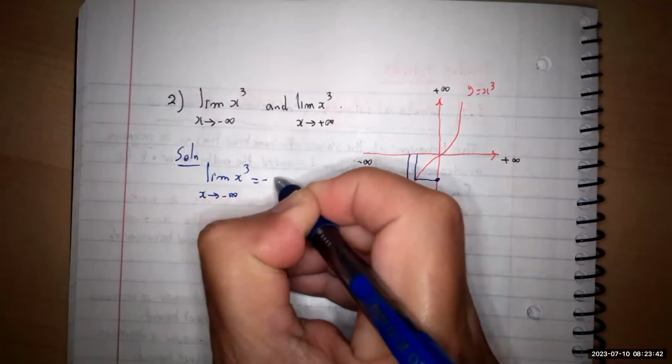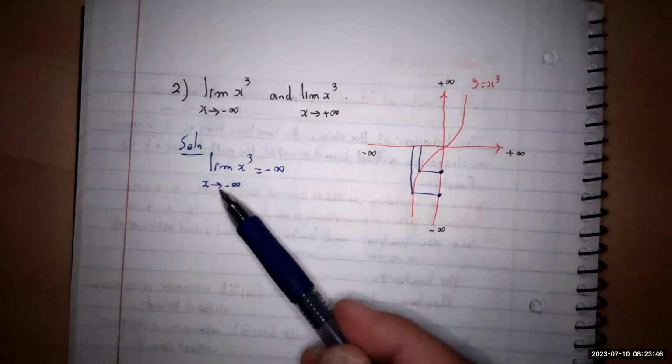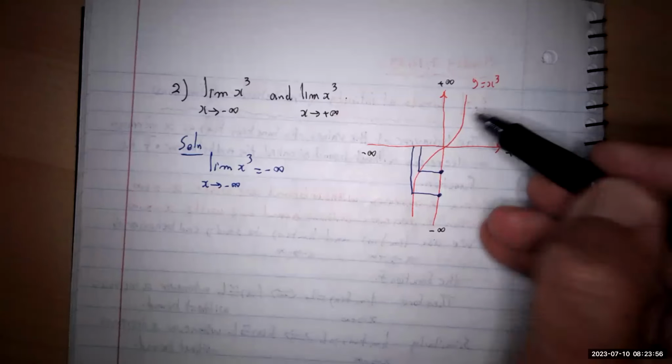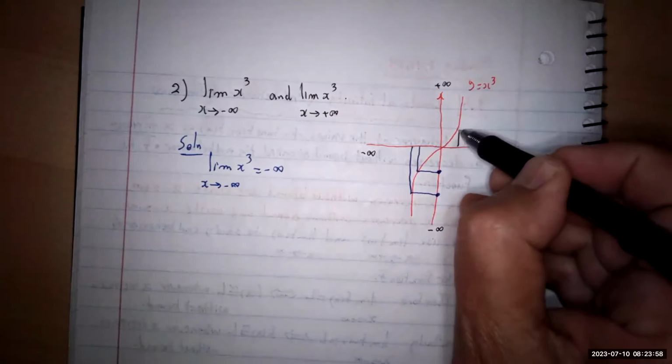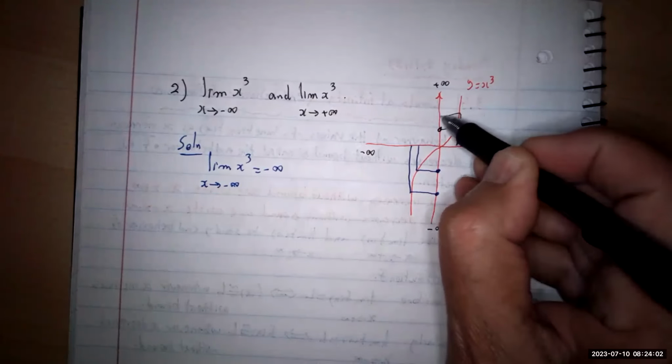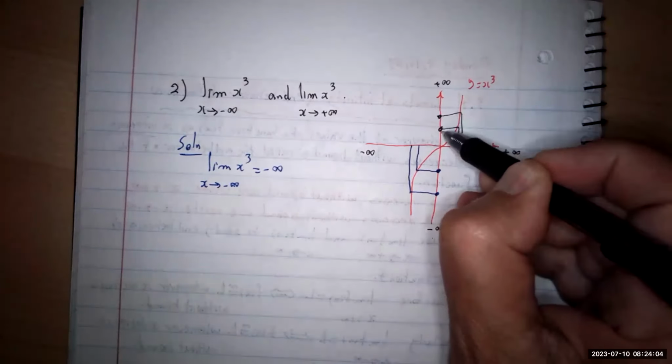would be negative infinity. Algebraically, it's clear because a negative number to the third power is negative, and the quantity is infinity again. But if x goes to positive infinity, you are here. The values are getting up, up, up.